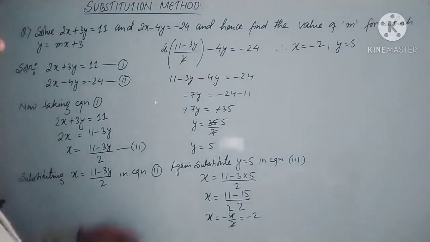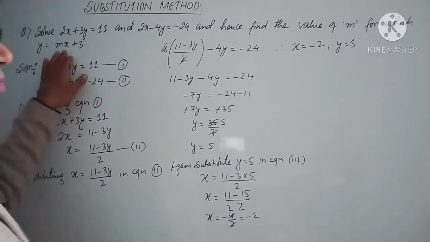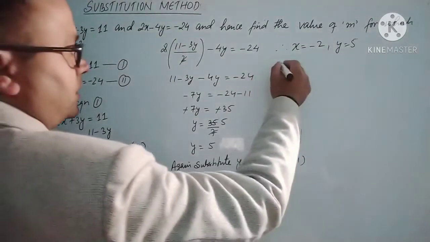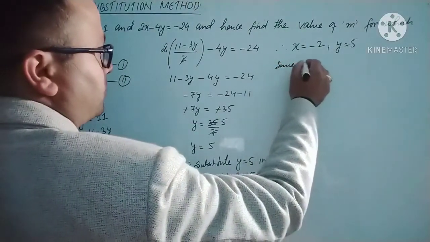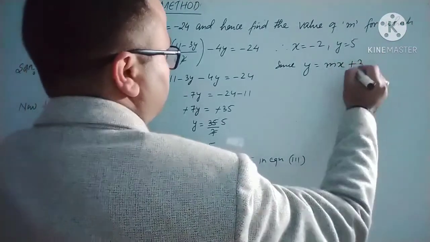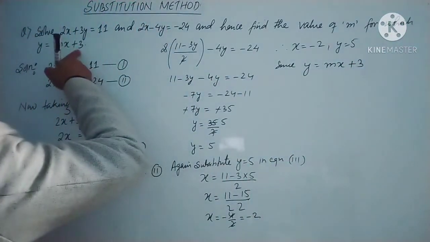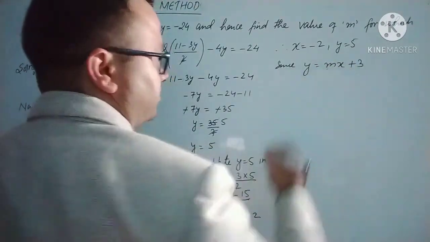Now the question is, hence find the value of m in which y equals mx plus c. So it is given that the equation of the line is y equals mx plus 3. From this equation we have to calculate the value of m.